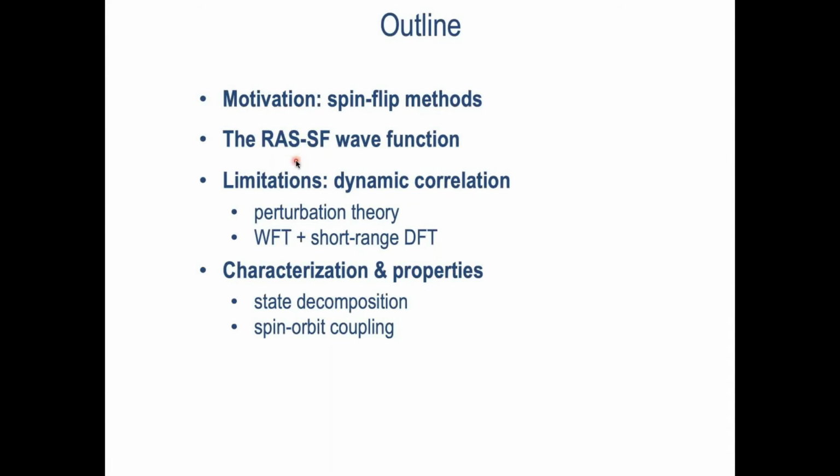I will let you know about what I think is the main limitation of these methods, the effective lack of dynamic correlation. I will present a couple of attempts at overcoming this limitation, both of them implemented in Q-Chem, and then I will show you some examples or some tools that can be used to characterize electronic states computed with RAS spin flip and also electronic transitions.